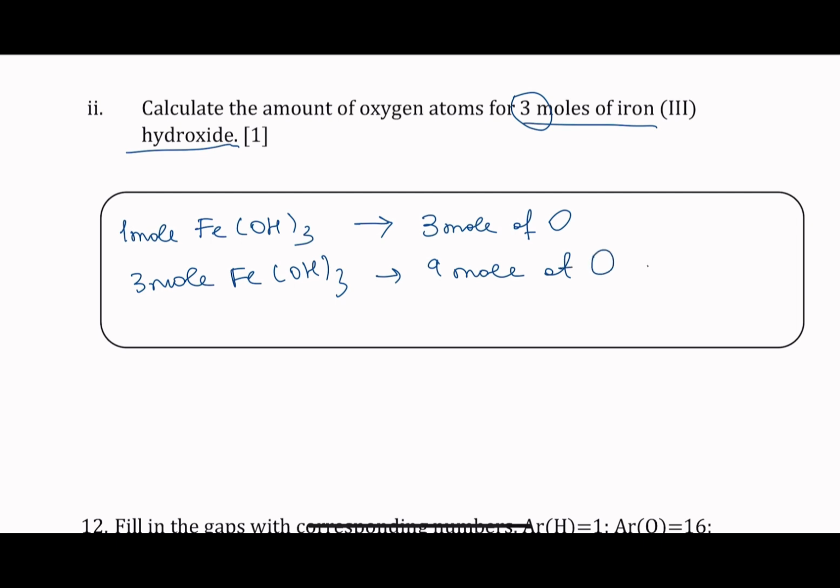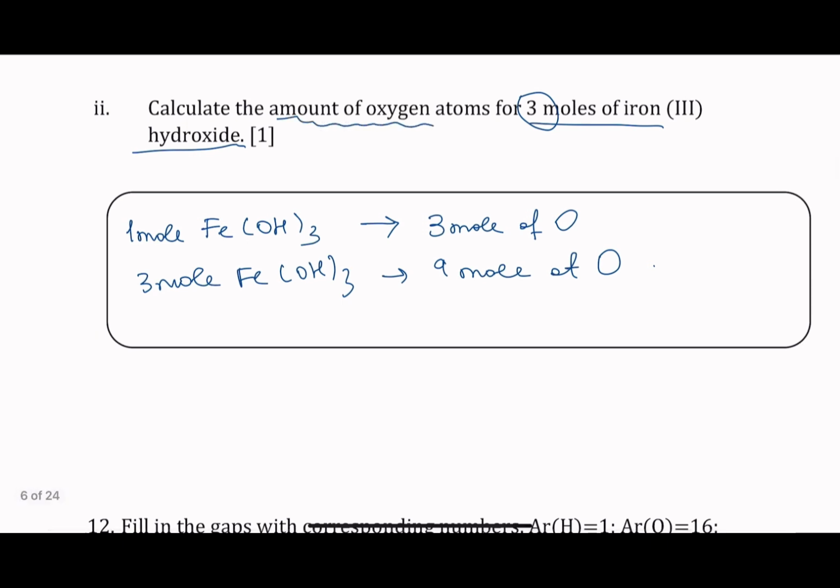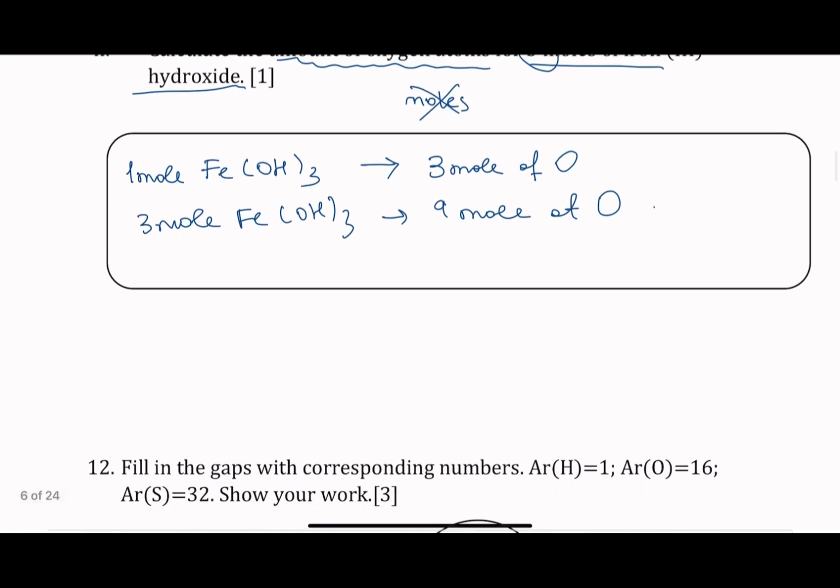But now it's telling us the amount of oxygen atoms, not the number of moles. Okay, it is telling us oxygen atoms. So you need to use the formula N equals n over Na. And you know the Avogadro's number here, you have the number of moles.